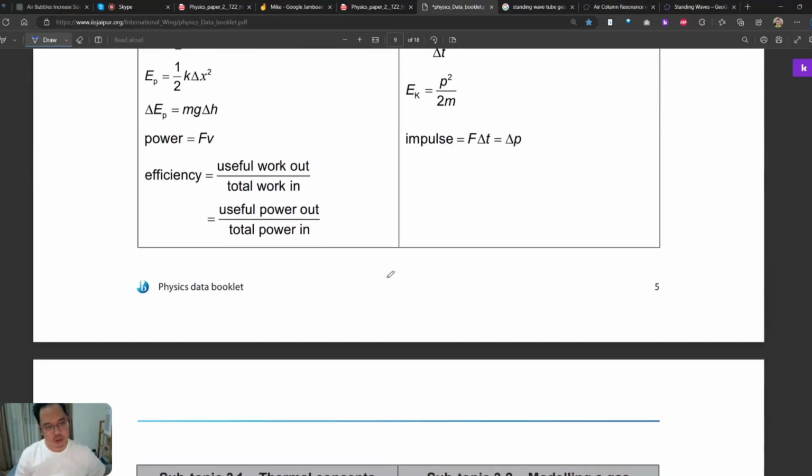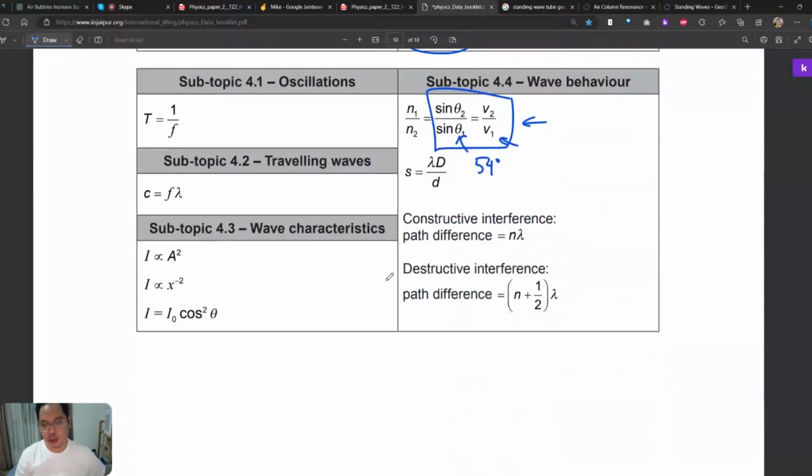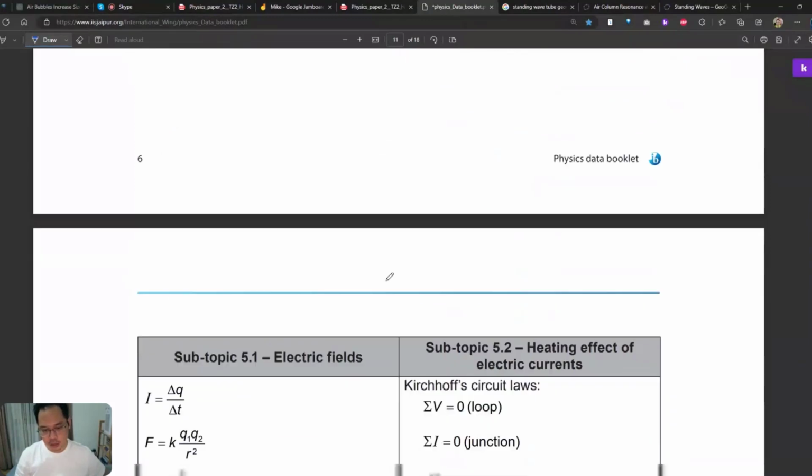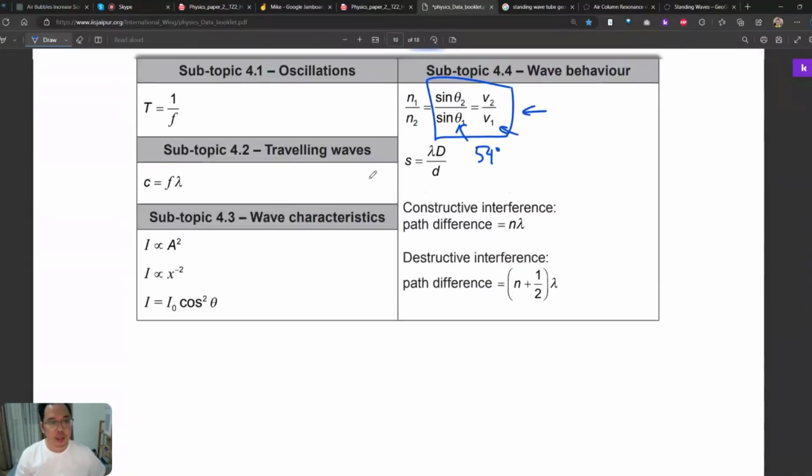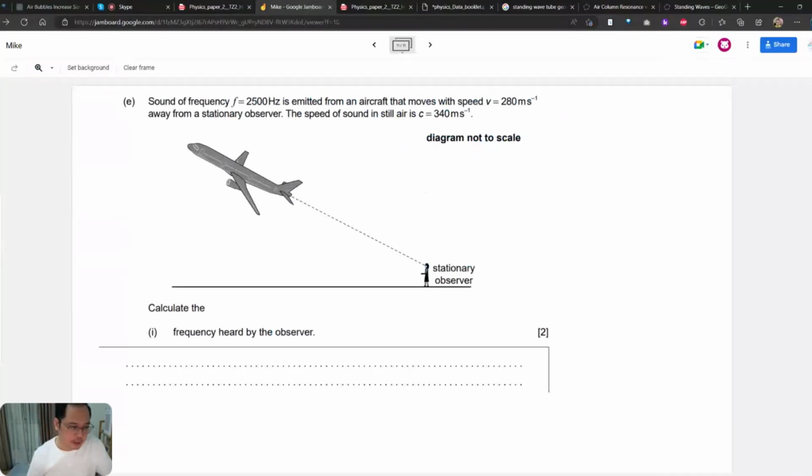Wow. So if you want to do that problem, Doppler effect, you have to memorize an equation which is not given. That formula is: the Doppler frequency collected by the observer will be equal to the original frequency emitted by the airplane, which is 2,500, multiplied by the speed of sound, which is 340, divided by the speed of sound plus the speed of the airplane, which is 220, 80.